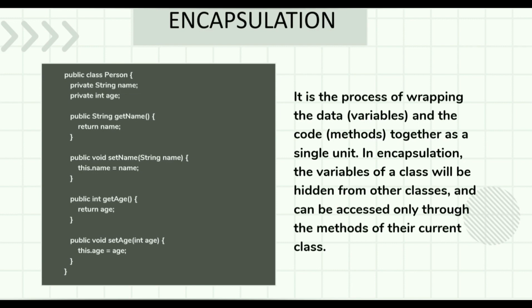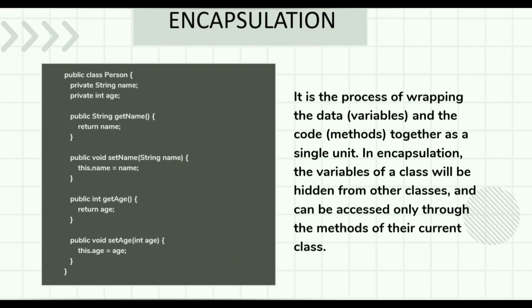It restricts direct access to some of the object's components, which can help prevent unintended interference and misuse. In this code, over here, the Person class encapsulates the name and the age fields, providing getter and setter methods to access and modify them.